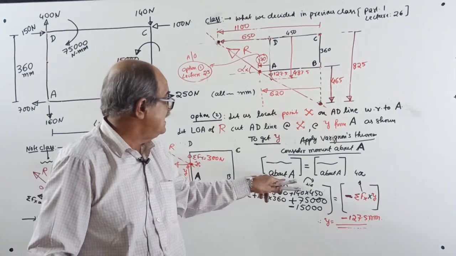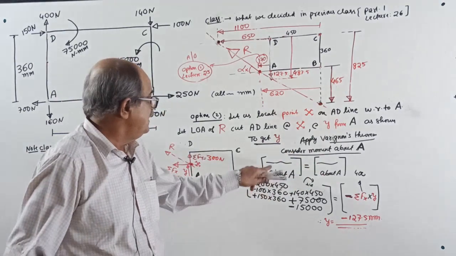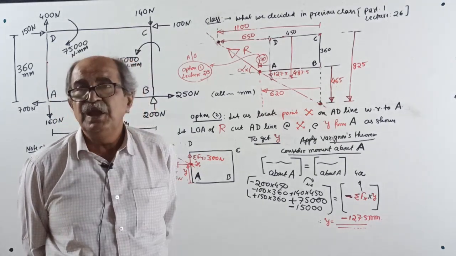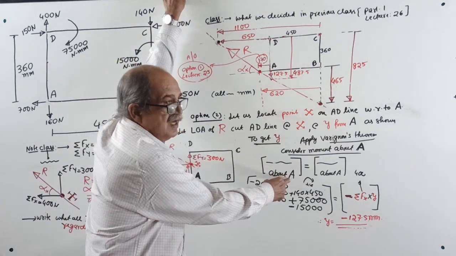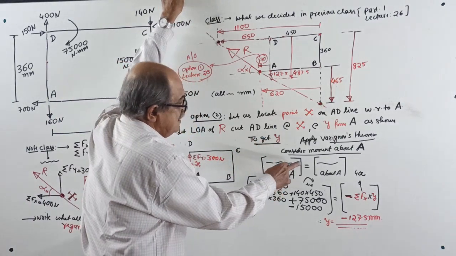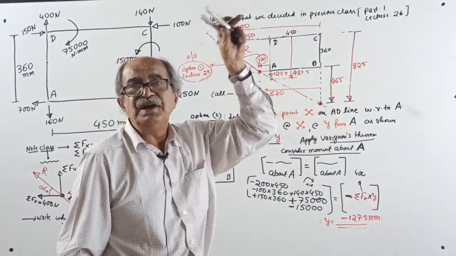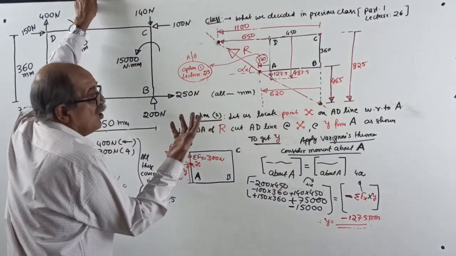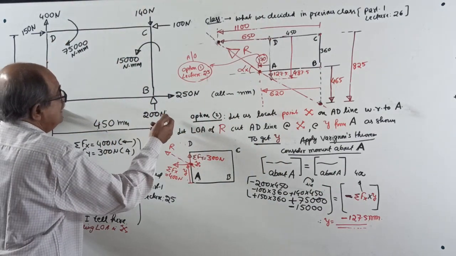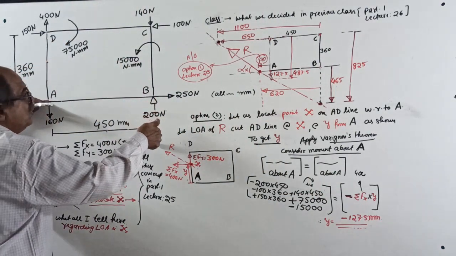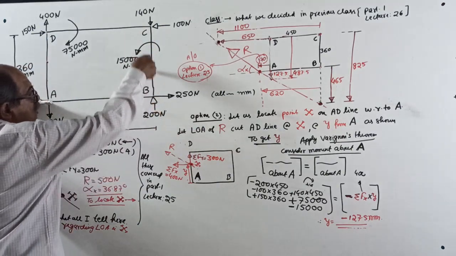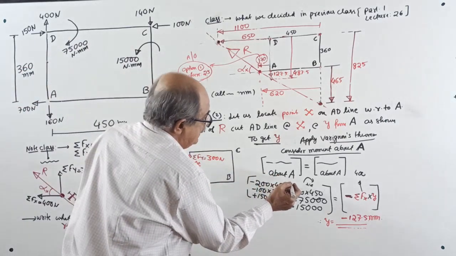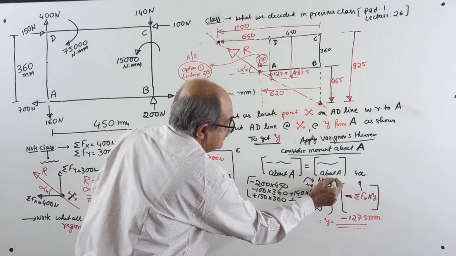Next time I will tell dash, dash, dash, etc. See last time, the algebraic sum of moments of the given force system about A equal to the moment of the resultant about the same point A. About A you want moment. See, it's already over last time. Any order you can do. 200 clockwise positive, 200 into 450 anti-clockwise. See here. And remember, moment unit is Newton millimeter. Remember, okay.